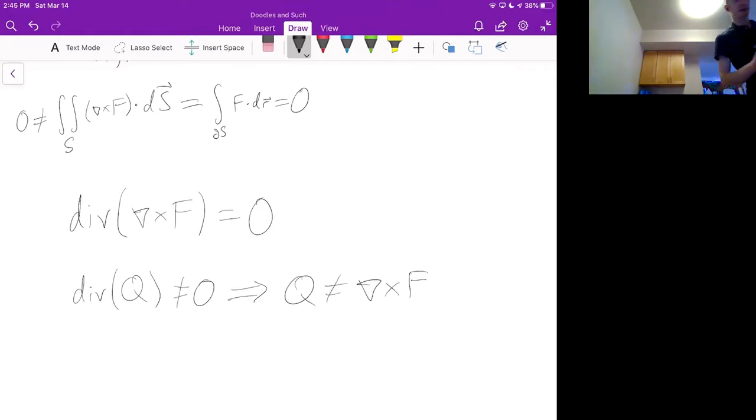All right, so knowing this fact, how can we make sure that x comma y comma z doesn't have a vector potential?